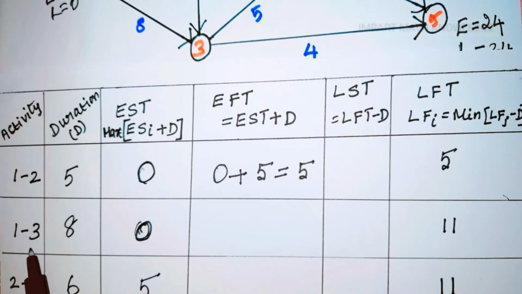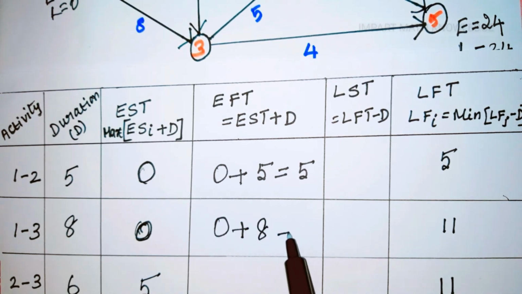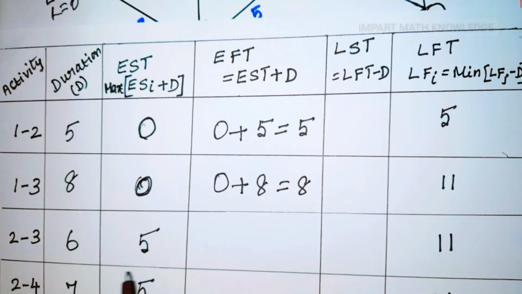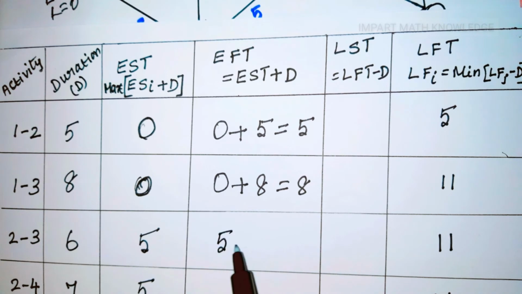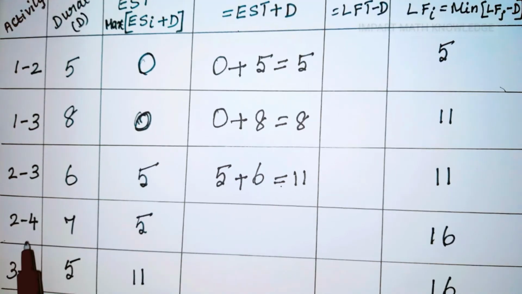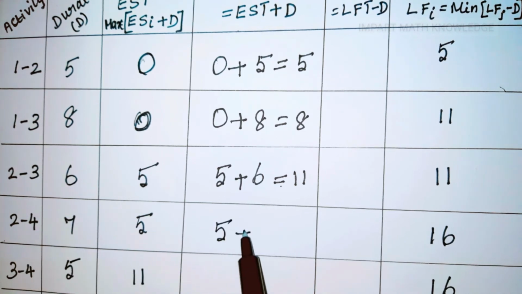For activity 1 to 3, earliest start time is 0, duration is 8, so 0 plus 8 is equal to 8. For the activity 2 to 3, EST is 5, duration is 6, so total is 11. For the activity 2 to 4, EST is 5, duration is 7, so EFT for that activity is 12.